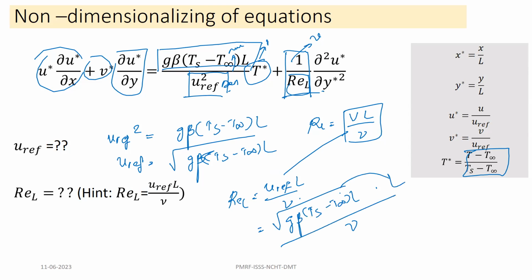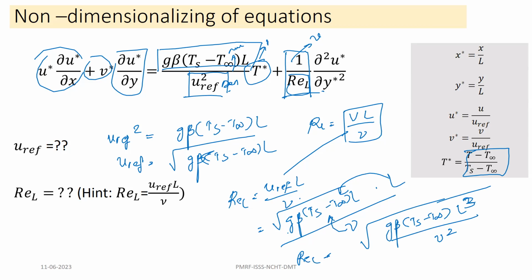So take this L term inside the root and the nu term inside this. That will become g beta into Ts minus T infinity into L square by L cube by nu square. Okay. So that is the Re L term. So if we take the square of that, we get another dimensionless number. What is that?